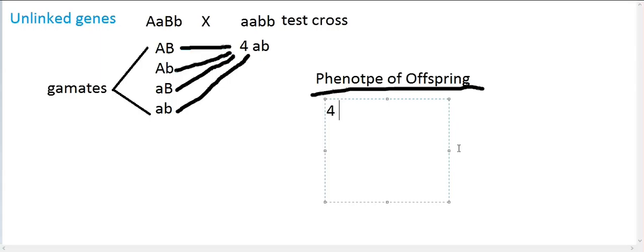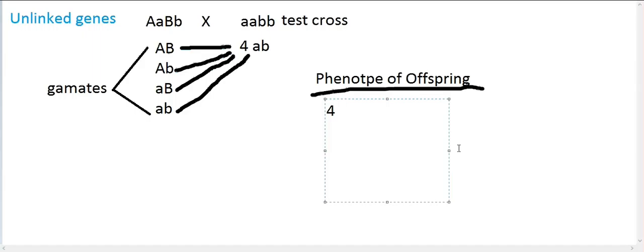Now we're only going to look at the dominant phenotypes, and interestingly enough, here it's very easy. The phenotypes of the offspring for this generation are basically going to be the same as the gametes of this dihybrid parent.